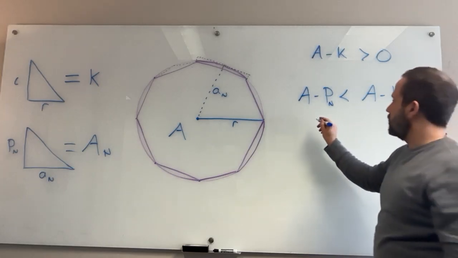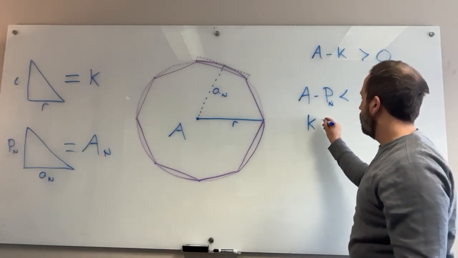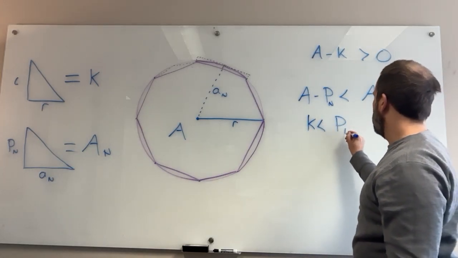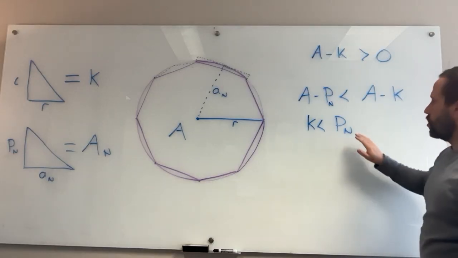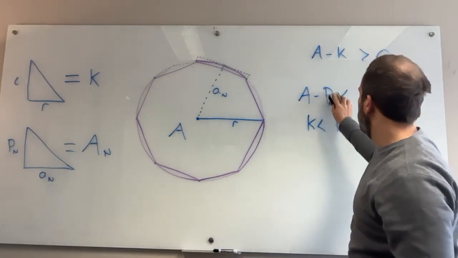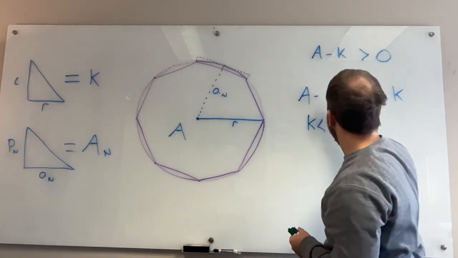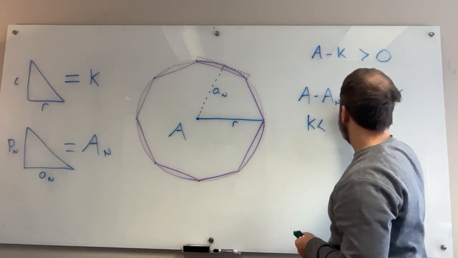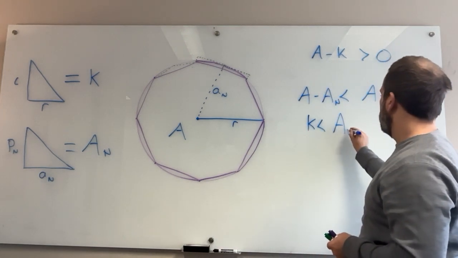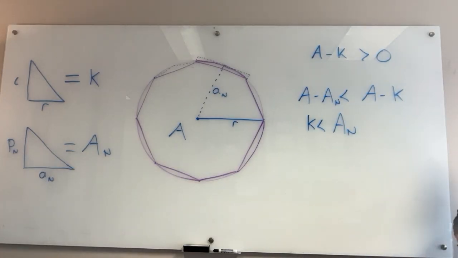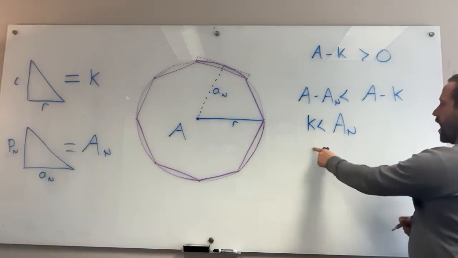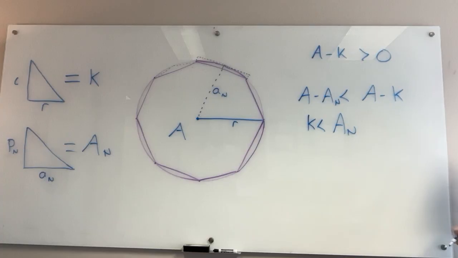Sorry, I'm using the wrong notation here. P sub n is the perimeter, but it should be A sub n. So rearranging this gives me that K is less than A_n.